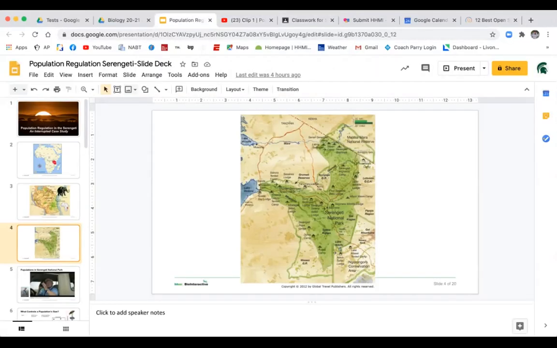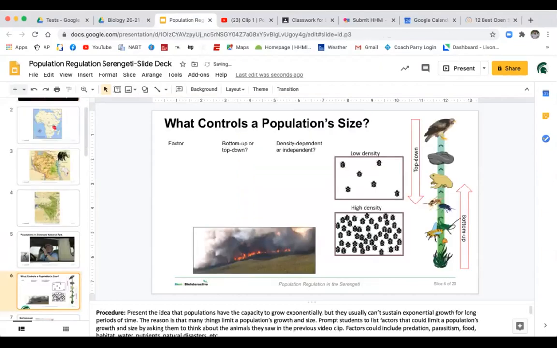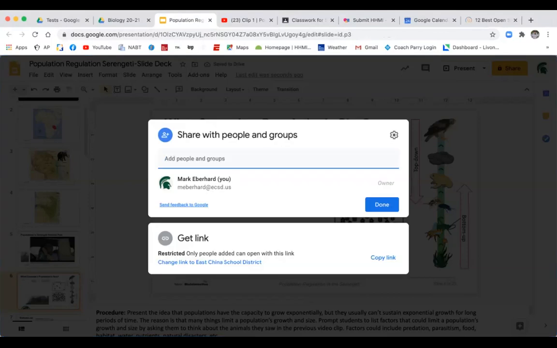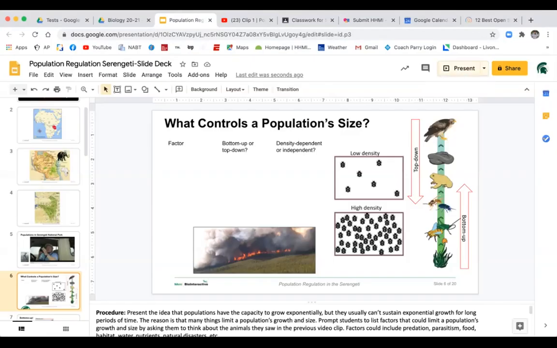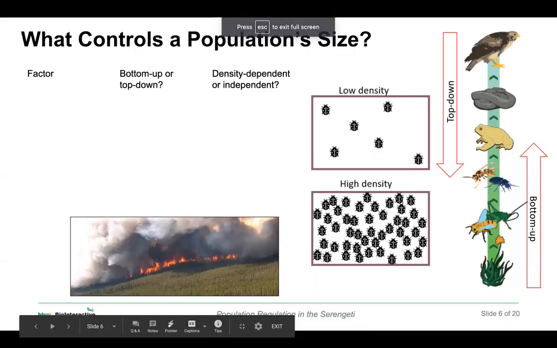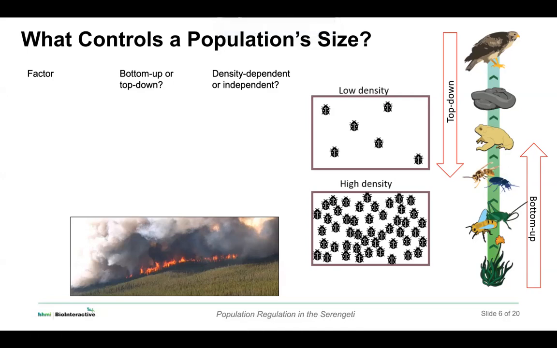So if we pop back over to this slide here. Sorry, I must have hit something wrong. So he became interested in how you've got a lot of different species on the Serengeti.